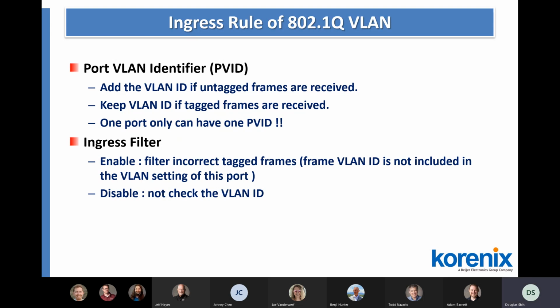For example, if you set up VLAN 20 on port 1, and port 1 receives a packet with VLAN tag 20, then it will accept the packet. But if it receives a packet with VLAN tag 30, then the packet will be dropped. And just as I said, if we disable the function, then no matter which VLAN ID the port joins, all packets will be received by the switch.